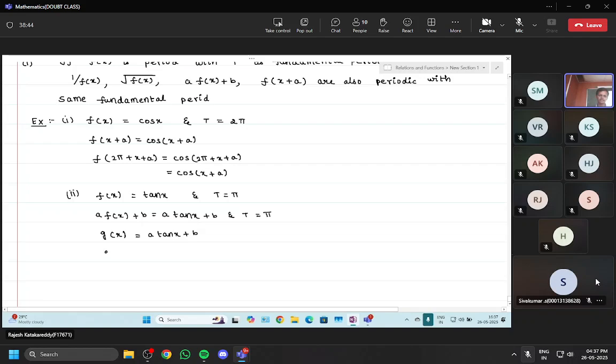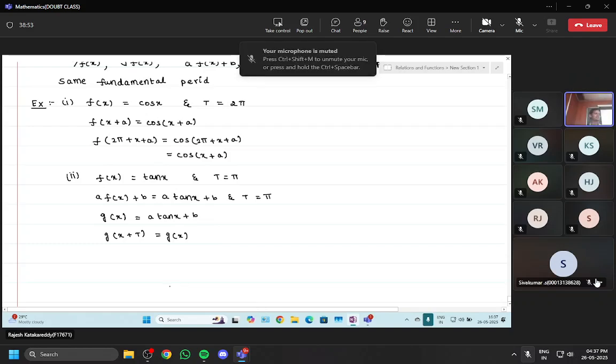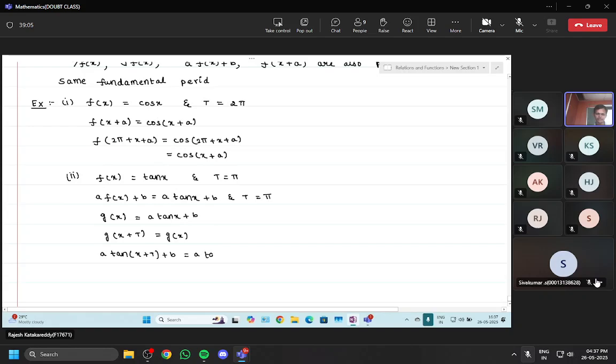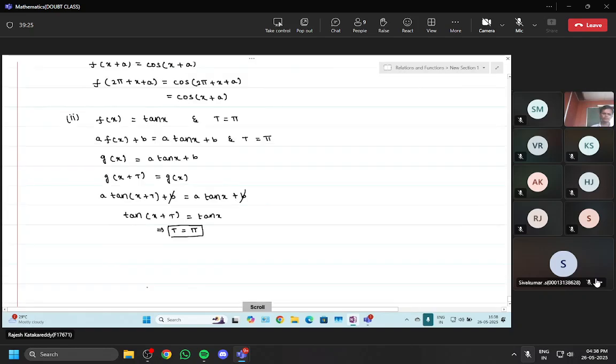Now you need to find the T value such that g of T plus x equals g of x, replacing x with x plus T. If you do that, what will you get? You will get a into tan of x plus T plus b equals a into tan x plus b. On both sides b got cancelled in step number 1. On both sides a got cancelled in step number 2. You have tan of x plus T equals tan x. This implies T equals pi. If you want, you add this one for that argument.